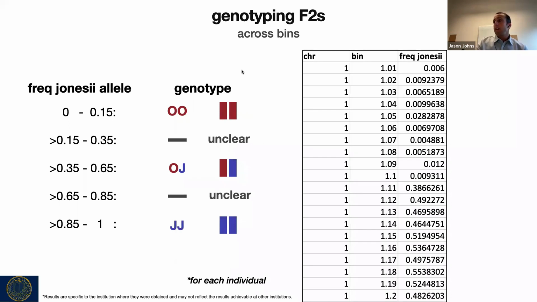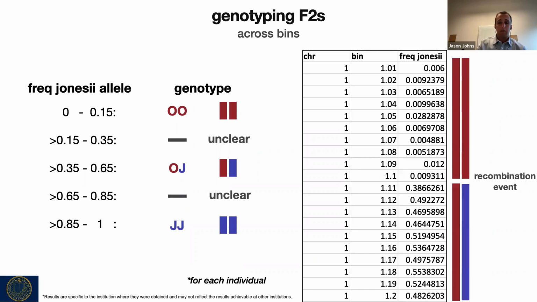If we look at the table here from one individual across 20 different bins, we can see really clearly that it was homozygous origami through marker 1.1, and then there was a recombination event between marker 1.10 and marker 1.11.